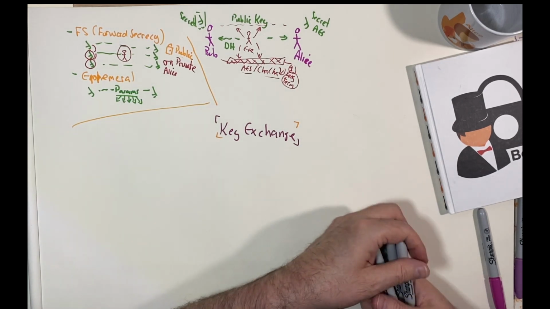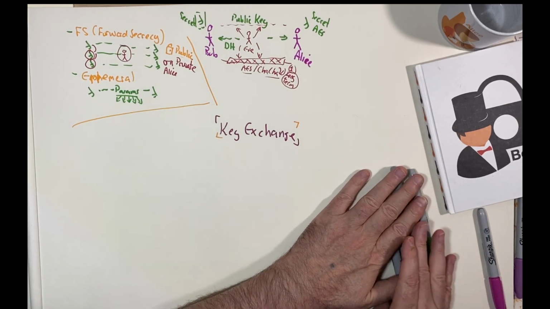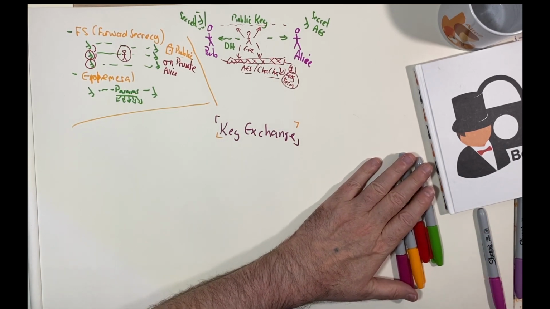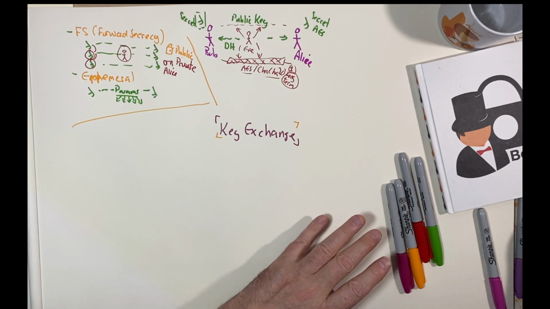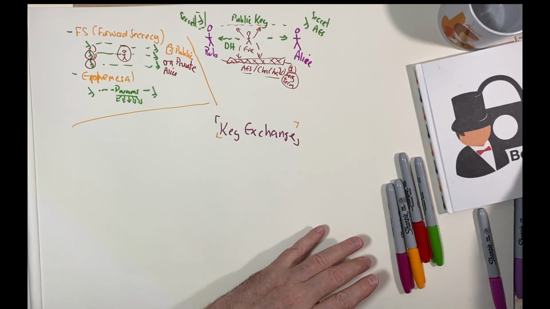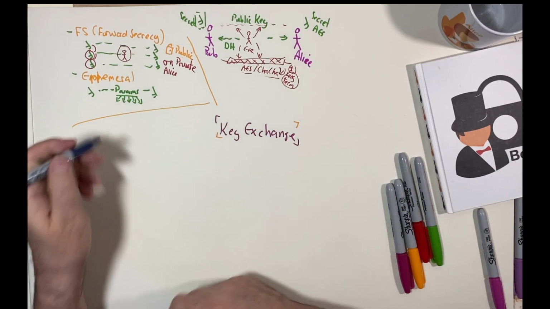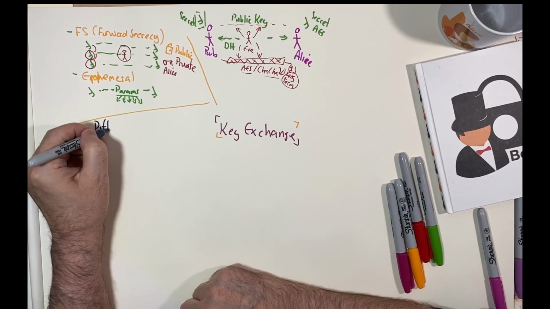So now let's look at an extremely important method. And that method is known as the Diffie-Hellman method.